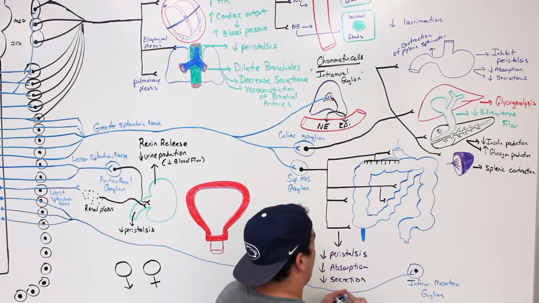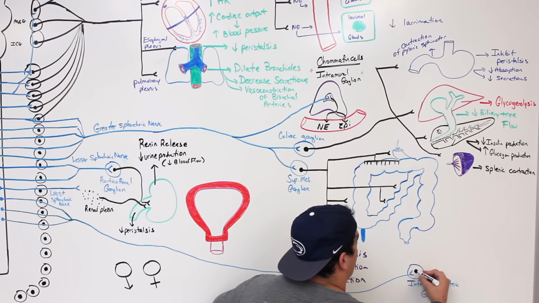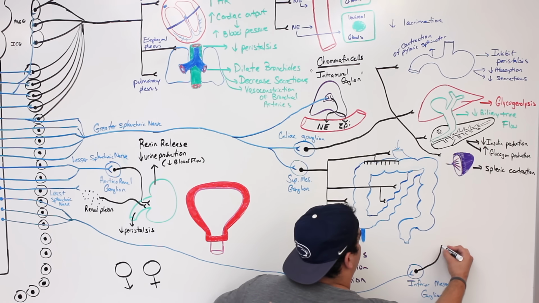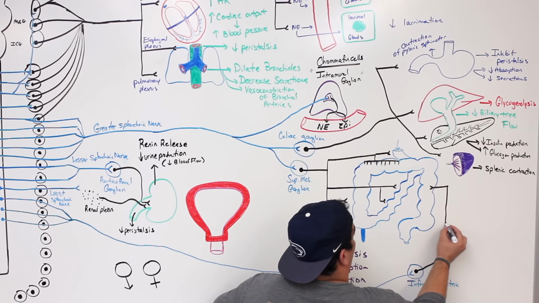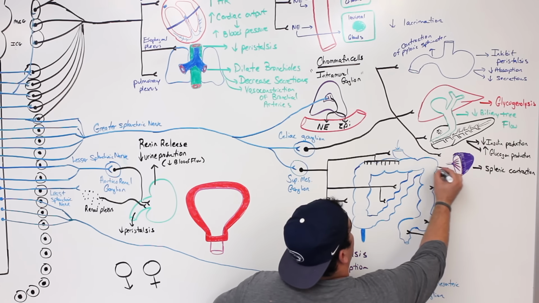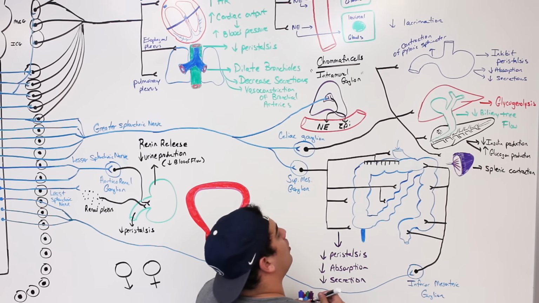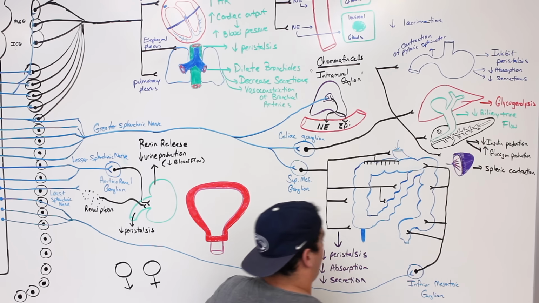Now, from the inferior mesenteric ganglion, remember the inferior mesenteric artery. What does the inferior mesenteric artery supply? It supplies the descending colon, sigmoid colon, upper rectum, and the distal third of the transverse colon. Now, what do you think you're going to try to do here?